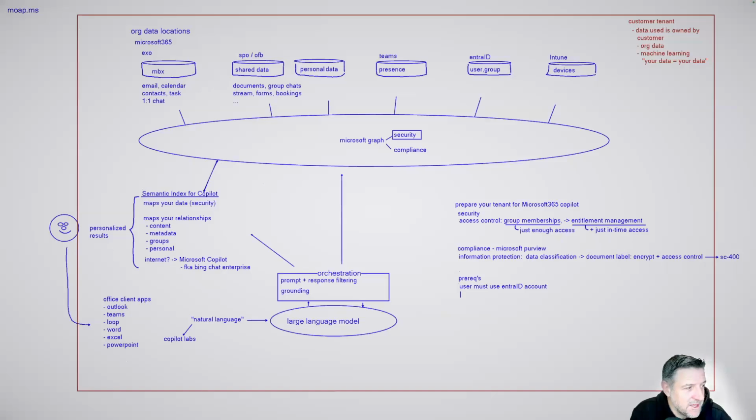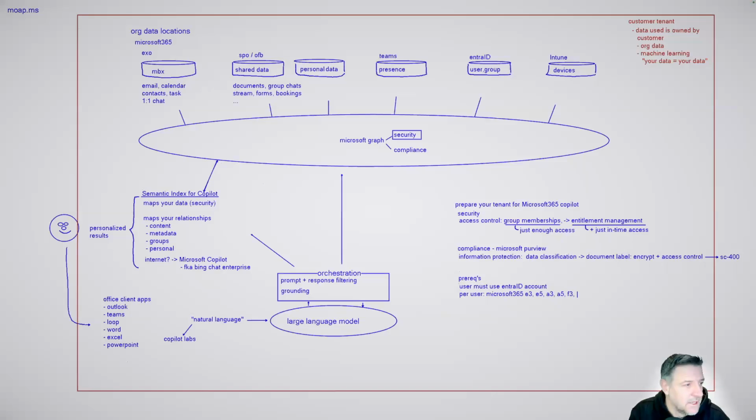When it comes to the licenses, per user, we must have a Microsoft 365 license, and this could be either an E3 or an E5 license. That is current. Later, that will also allow A3, A5, and F3 licenses.